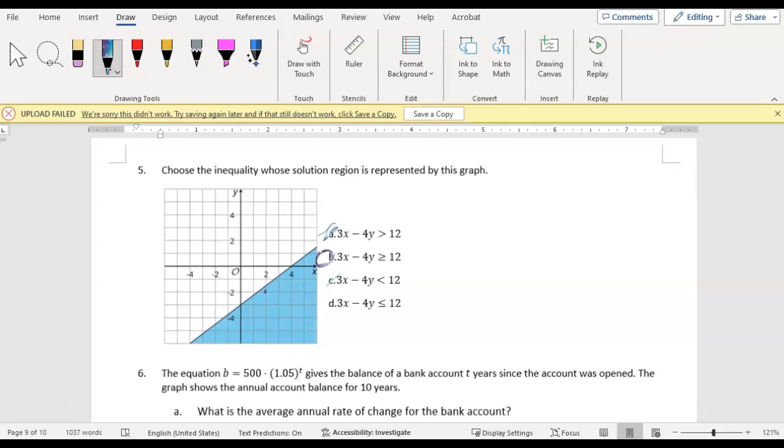If I were to do 6 minus 4 times negative 2, that is greater than or equal to 12 because negative 4 times negative 2 is positive 8, so 6 plus 8 is 14, and that is greater than or equal to 12, so we know that B does in fact work.